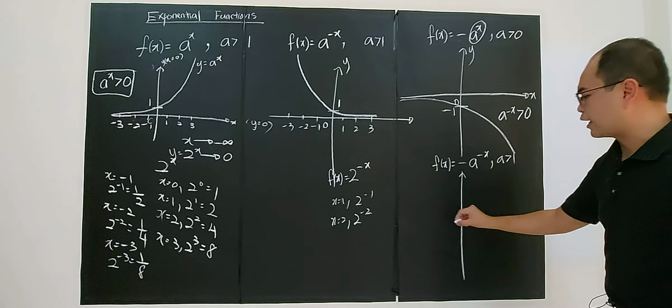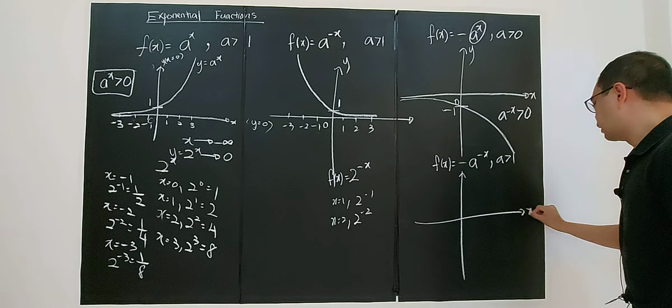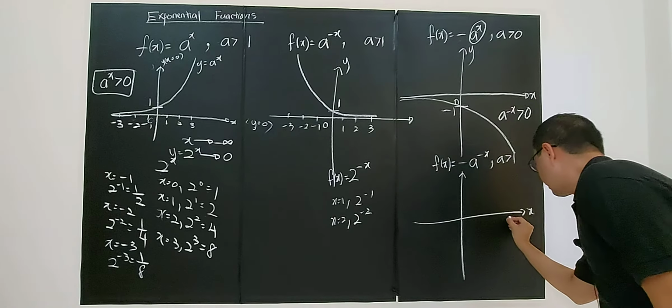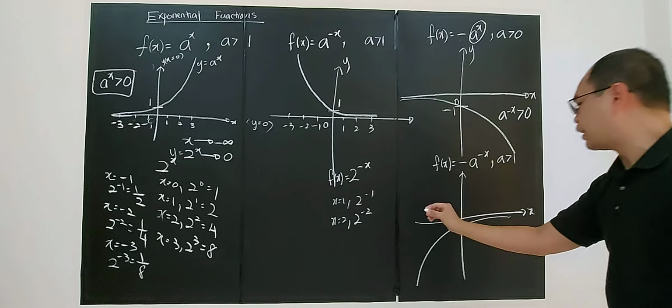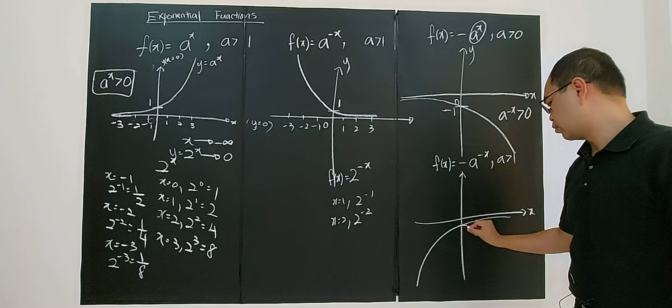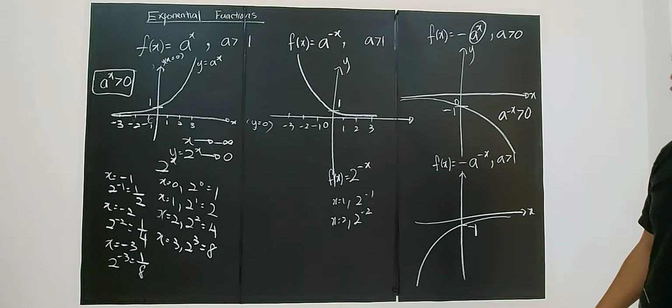But once you put a negative, it will always be negative. So the graph will go down, below the x-axis, reflected about the x-axis, negative 1 here. So this will be the graph.